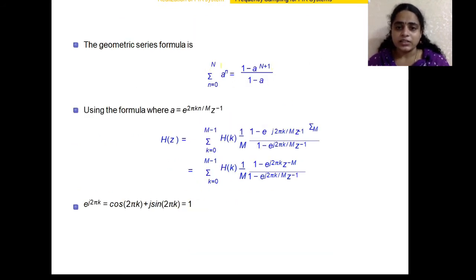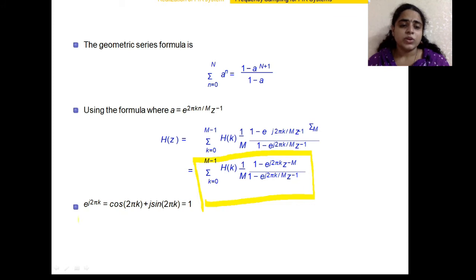If you substitute this and expand it, finally we will get summation k equal to 0 to M minus 1, h of k, 1 by M, 1 minus e power j 2 pi k into z power minus M by 1 minus e power j 2 pi k by M into z inverse.